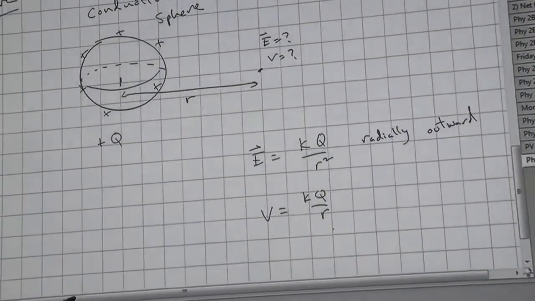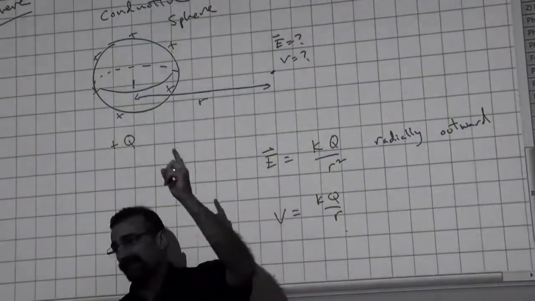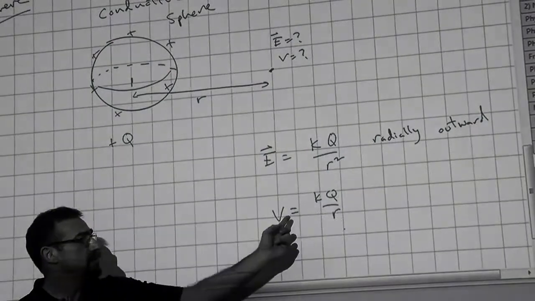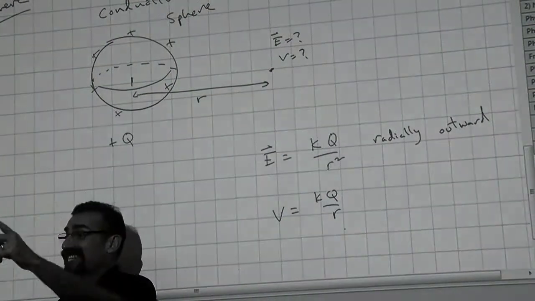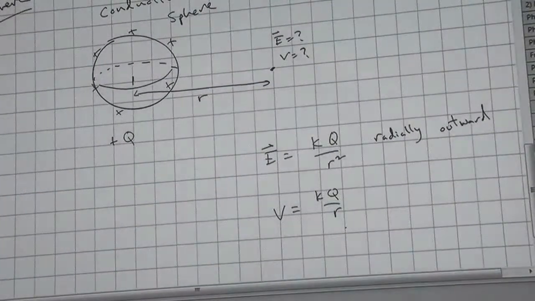Okay, I snuck in when you weren't looking. I snuck in the direction over here. Electric field is what kind of quantity? A vector quantity. It needs direction. Electric potential is a scalar. No direction.